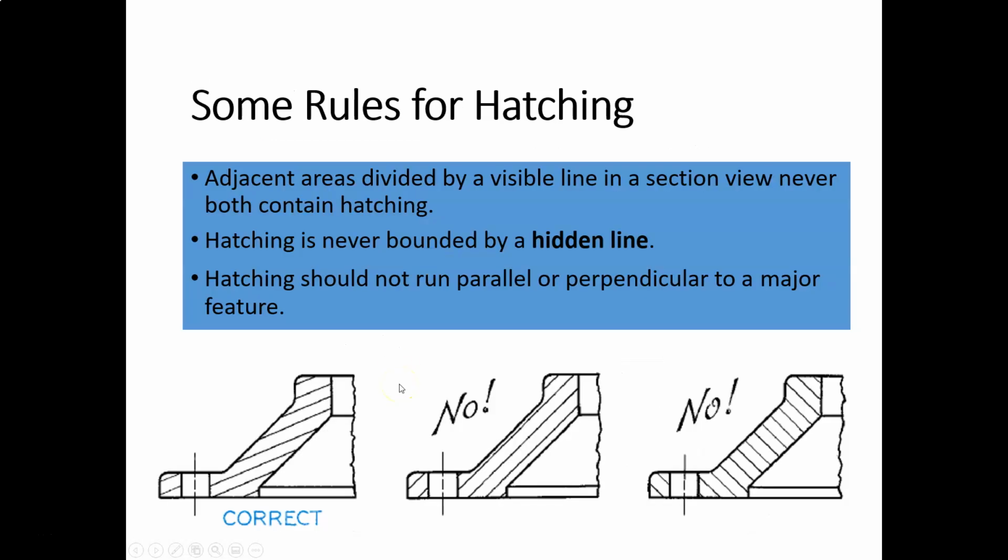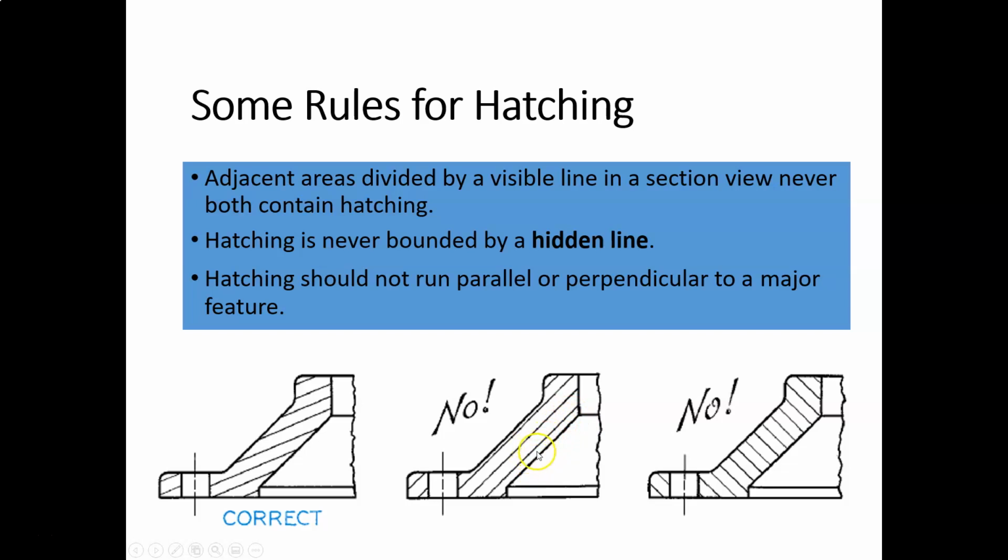There are some rules for how section lines, or as they're called in AutoCAD, hatch lines or hatching, can be shown. In the middle image, we want to avoid section lines that run nearly parallel or parallel to object lines. So here's an object line, here's a section line.